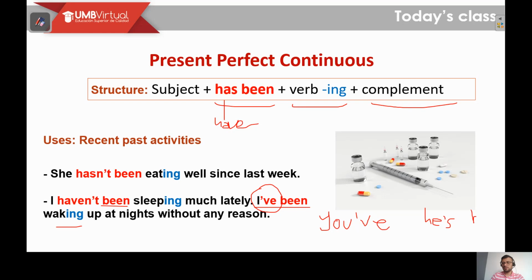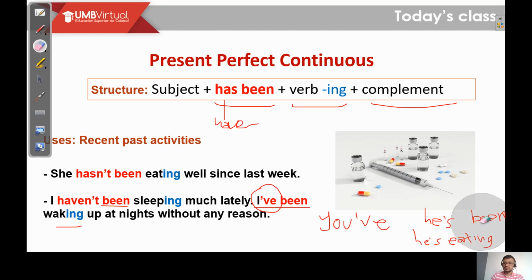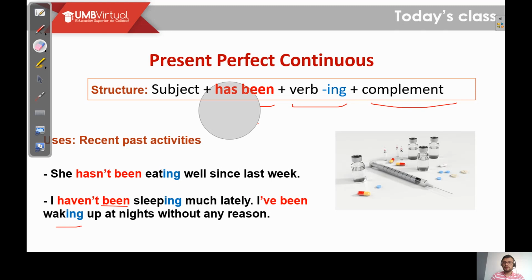So, he's been, he has been, and he's eating, he is. So you have to be careful when using these structures, and you have to understand the full context of the sentence just to figure out what is the structure that you are using.